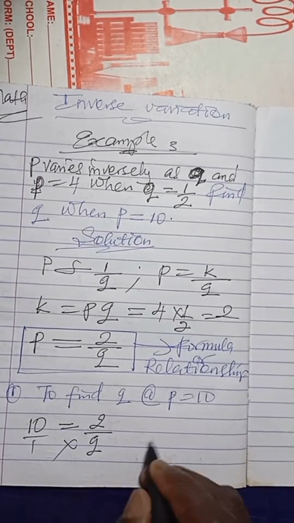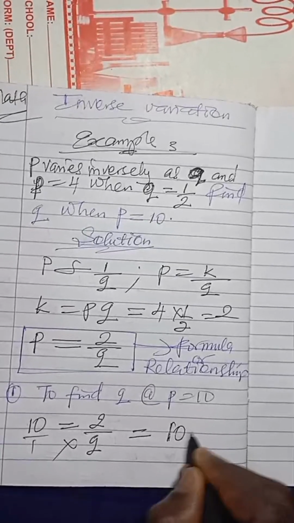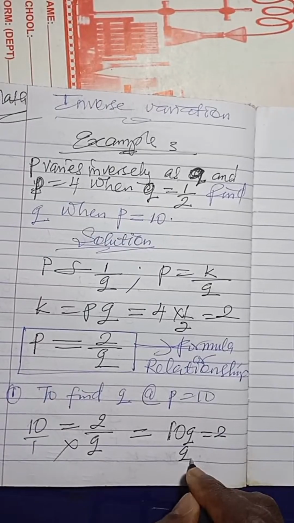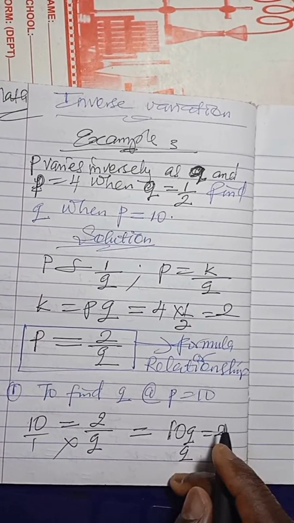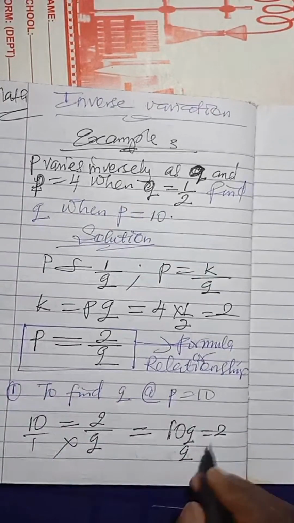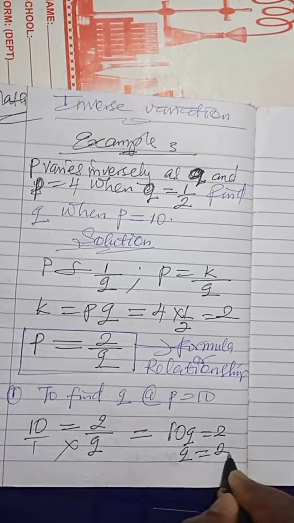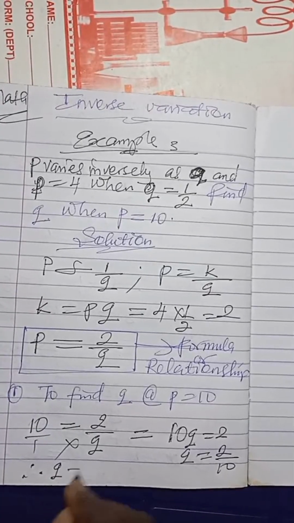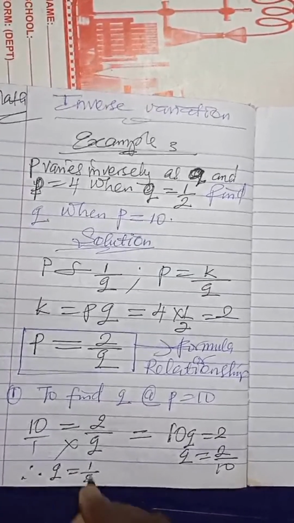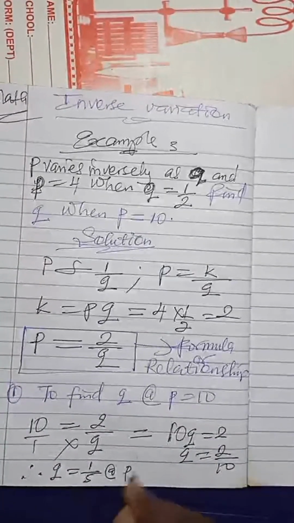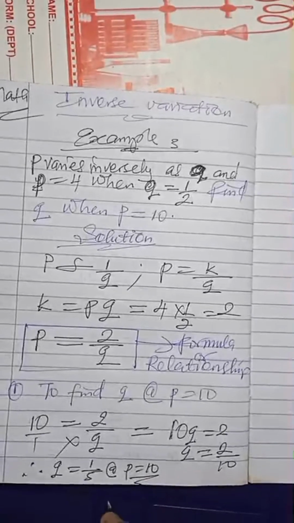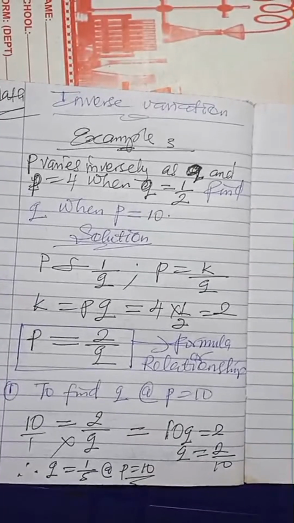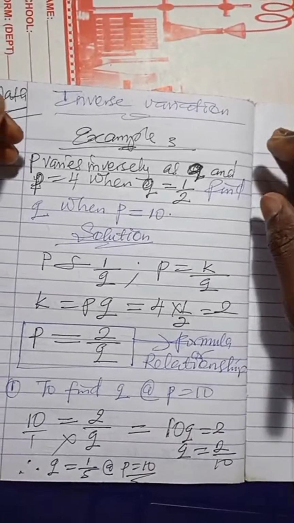When you cross multiply, you have 10Q is equal to 2. So Q will be 2 over 10. Therefore, Q is 1 over 5 at P equals 10. So that is how you can solve this. Now, what if you are required to find the value of Q?